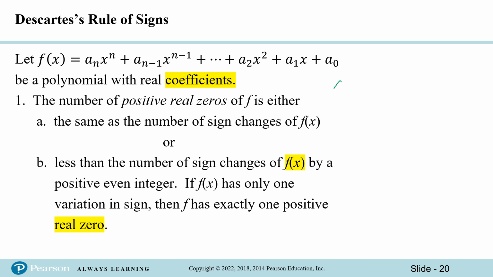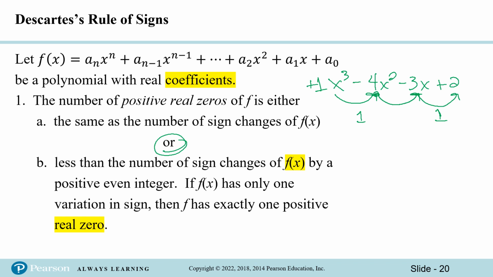So if I have x cubed minus 4x squared minus 3x plus 2, this is a positive and this one's negative, so we have a sign change. This is negative and this is also negative, it did not change sign. This one's negative, this one's positive, so we changed sign. So there are two sign changes. That's what we mean by the number of sign changes.